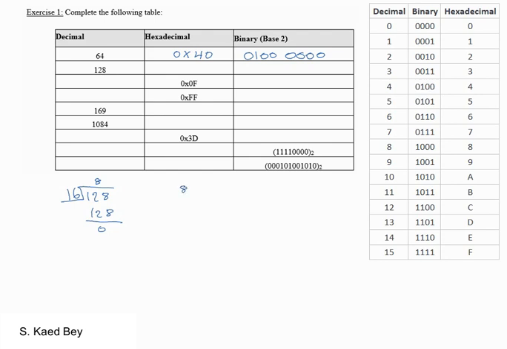We take the 8 again, divide by 16. Here the integer is 0. And the remainder is 8. We write the hex value. It's the digit sequence of the remainders from the last to the first.